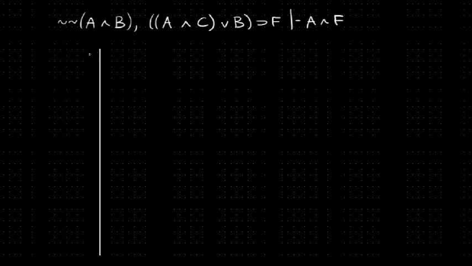So we've got 1, not A and B, and we've got 2, A and C, or B, then F. And we'll label those over here as our premises.